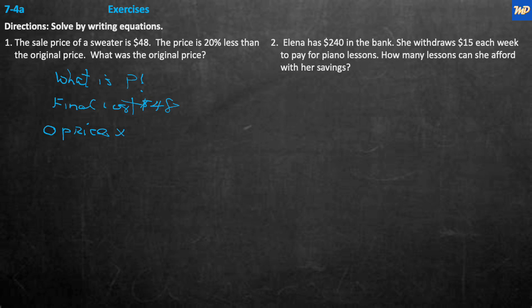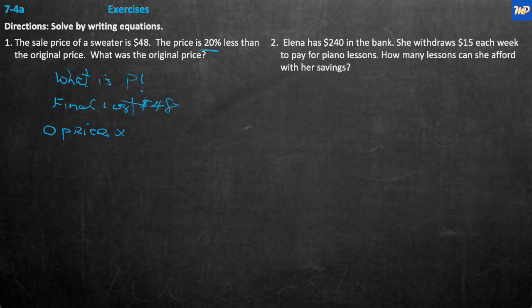What did we multiply the original price by? Did we multiply the original price by 20%, or some number other than 20%? Think about it. If I have something that costs $10 and I'm going to give you a 10% discount, it's going to go for $9.